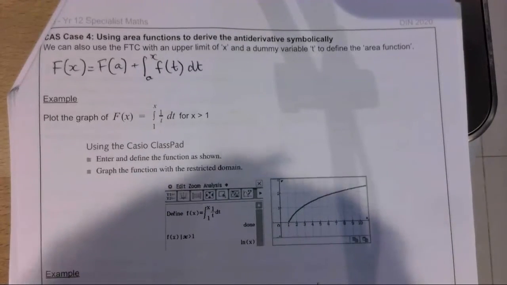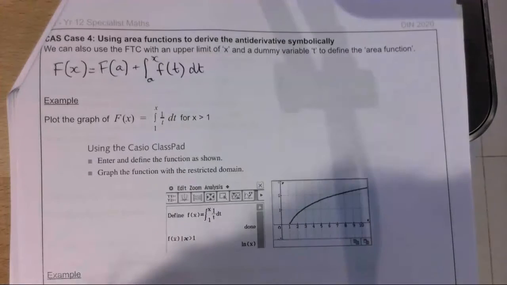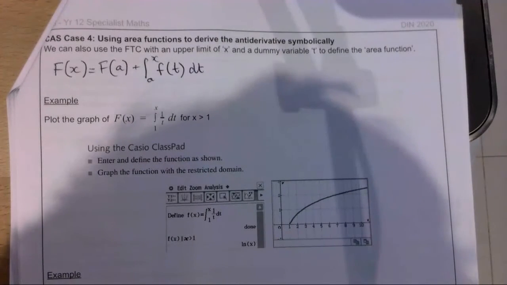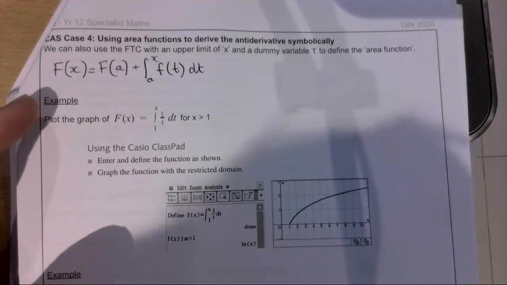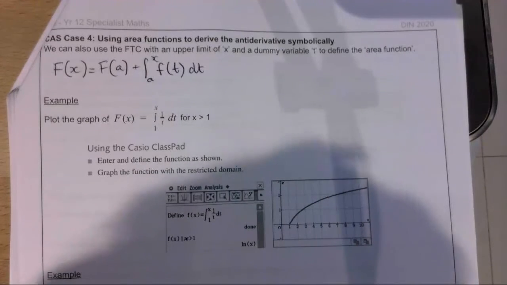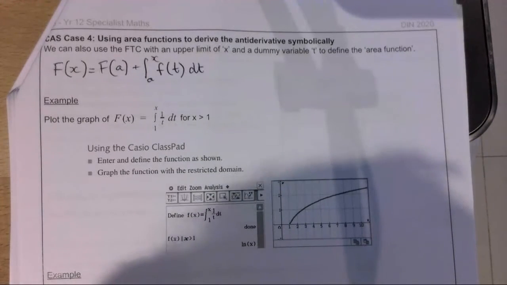So that dummy variable t isn't going to appear in our final expression. Now, this is kind of powerful because x is our general variable here, and we've done something kind of subtle because we've taken what was a constant and replaced it by a variable to actually define the function.